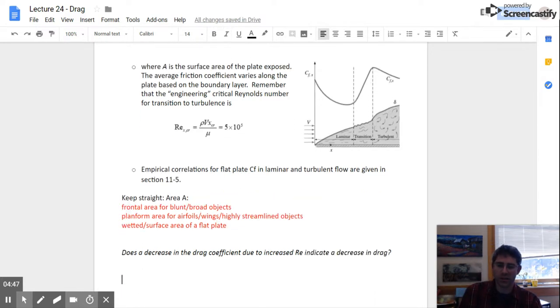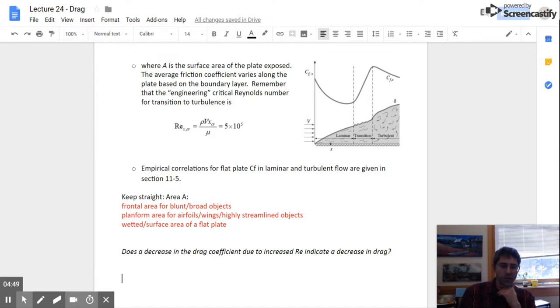Question: does a decrease in the drag coefficient due to increased Reynolds number indicate a decrease in drag? We talked about in the last video how the drag coefficient generally decreases with increasing Reynolds number. So is that going to result in a decrease in drag? Think about that for a second.